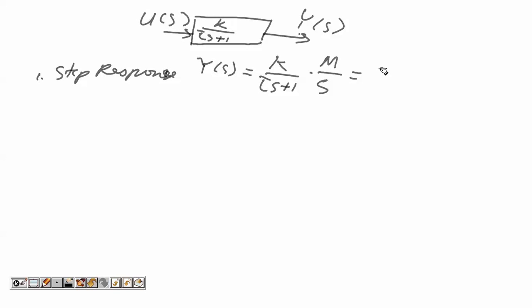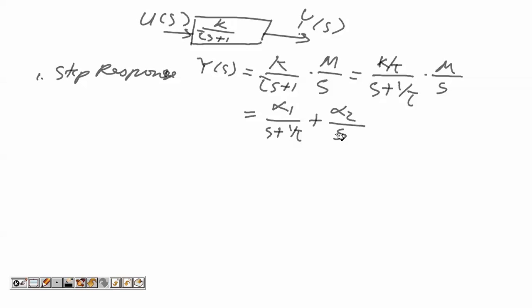We replace or convert this form to K over tau, over s plus 1 over tau, times M over s, and then we convert to the form alpha 1 over s plus 1 over tau plus alpha 2 over s.